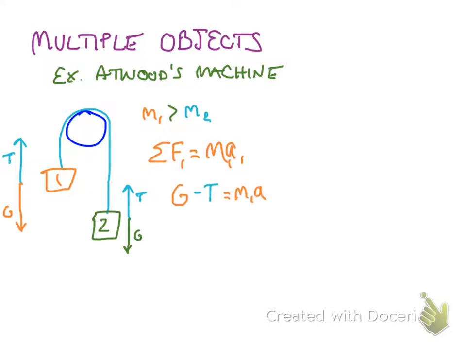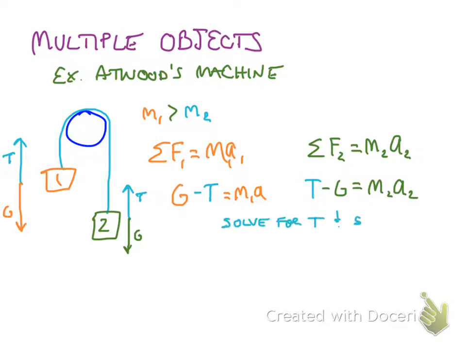For mass 1, it's a heavier mass, so it's going to fall down. So gravity's winning, and we do gravity minus tension equals ma. For mass 2, it's the lighter mass, so tension is winning, so we do tension minus gravity equals ma. And at this point, we could do substitution or elimination, and then we'd have all the values, so we could solve for the acceleration of the system.